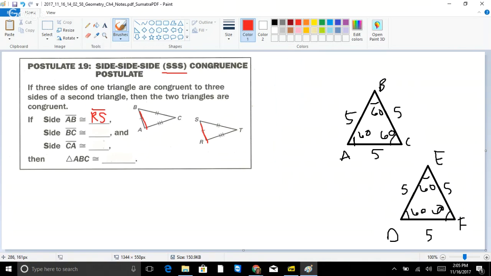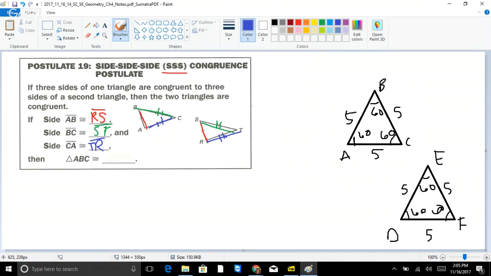And then our second side, which is BC, and you can see the little congruence marks on here. Remember, these mean congruence, is congruent to ST. Okay, ST. And then our third side, CA, is congruent to TR.